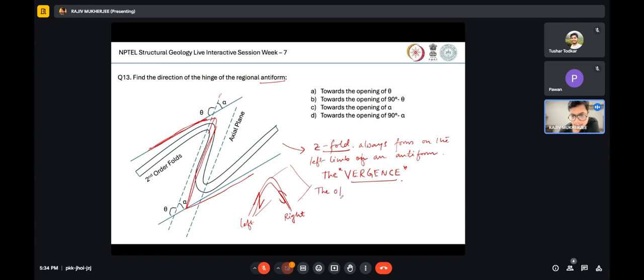The opening of the acute angle between the cleavage bedding intersection will be the direction of the hinge line.